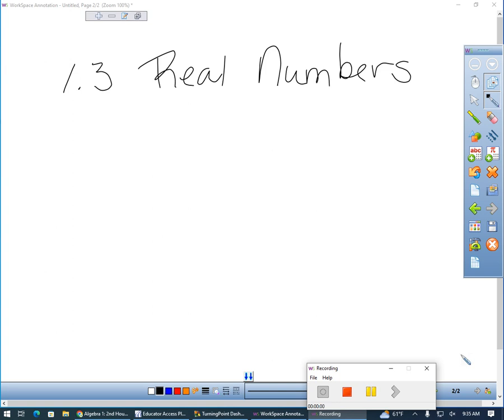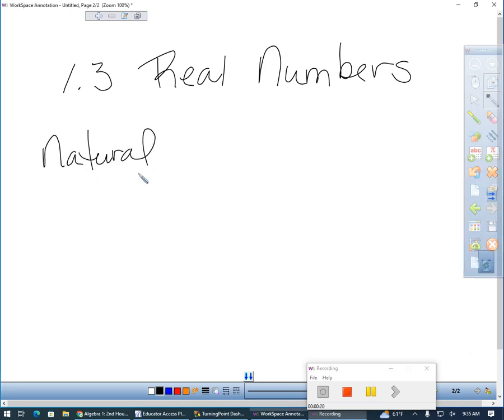All right, thank you. So the very smallest category of real numbers is called our natural numbers. Natural numbers are our counting numbers.